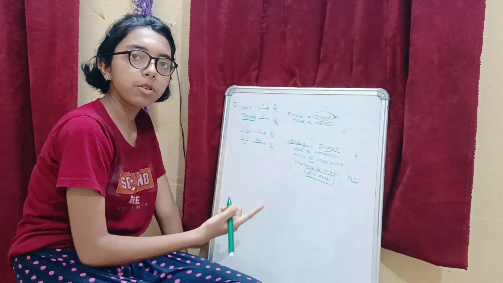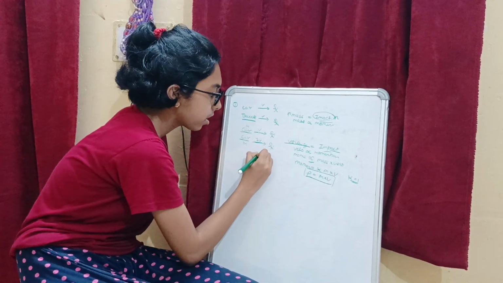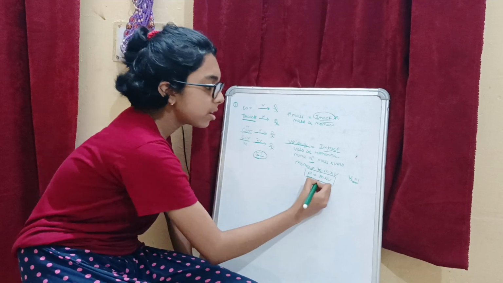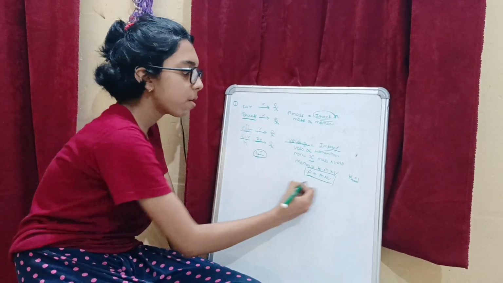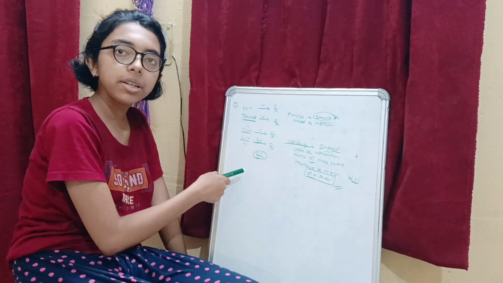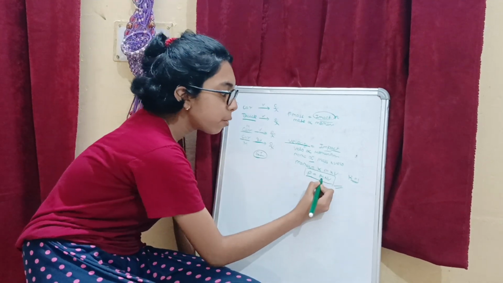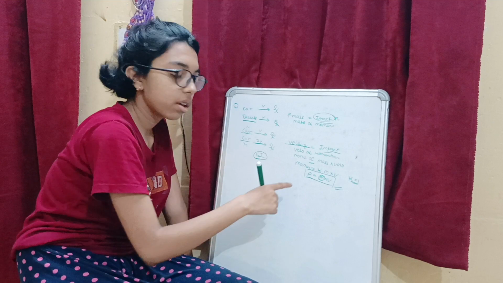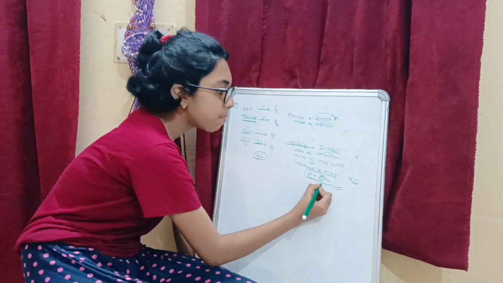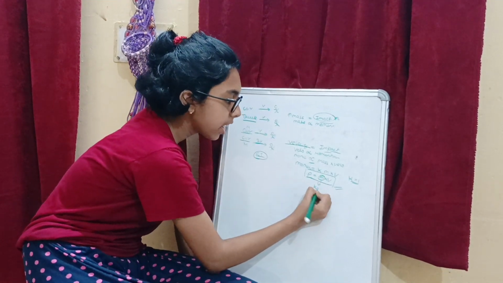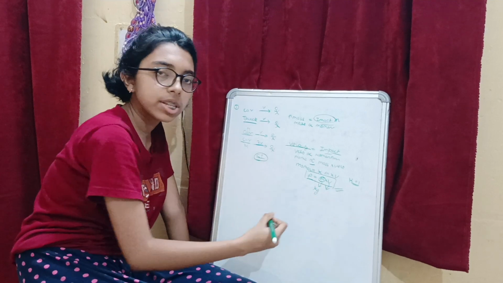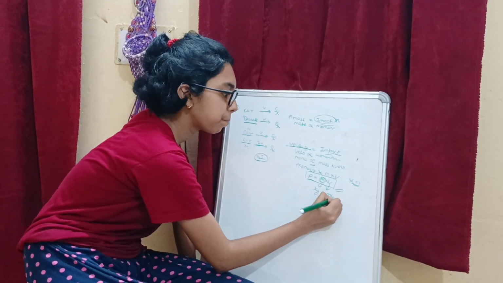Now we will find the SI unit of momentum. The SI unit of momentum can be found from its formula, because it is a derived unit. The SI unit of mass is kg and the SI unit of velocity is meter per second.